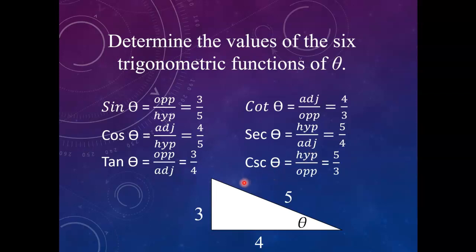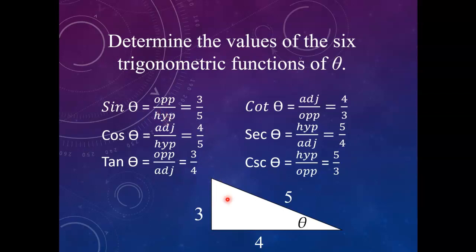So let's apply these 6 trigonometric functions in this triangle. The hypotenuse is 5 and the legs are 3 and 4, where 3 is the opposite side of theta and 4 is the adjacent side of theta. We know that sine theta is equal to opposite over hypotenuse.